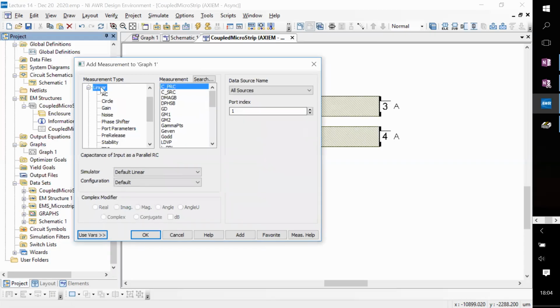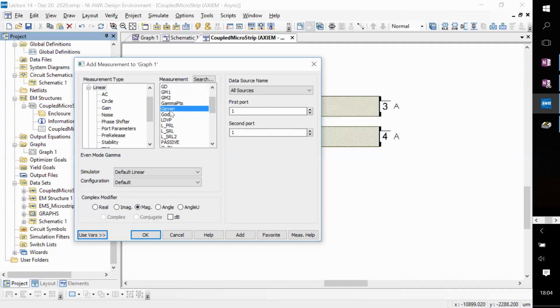You go to linear, and then you choose this G even and G odd. Okay, and the description is given here. It's even mode gamma, so it's gamma, a reflection coefficient, and the odd mode gamma. So this automatically sets up the right kind of excitation and the measurement.